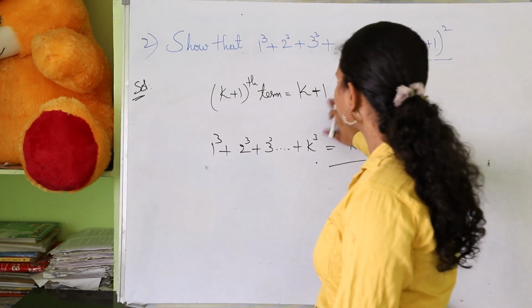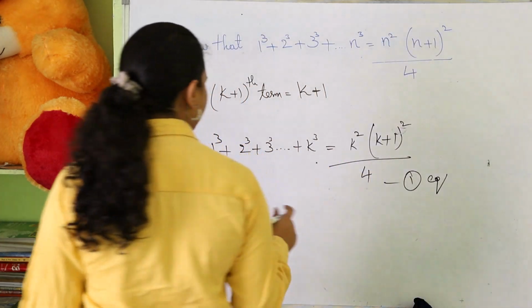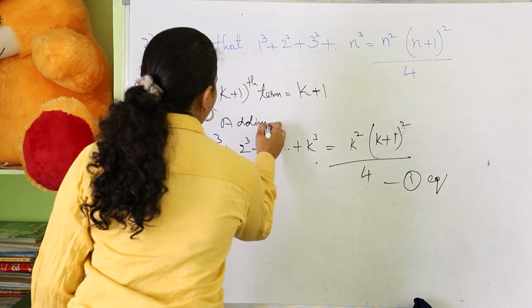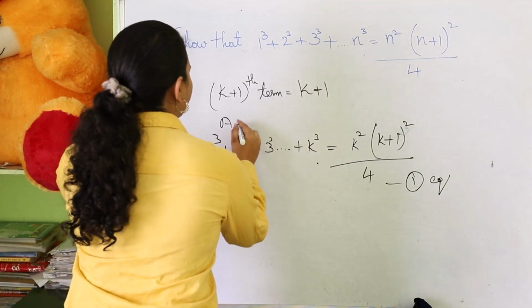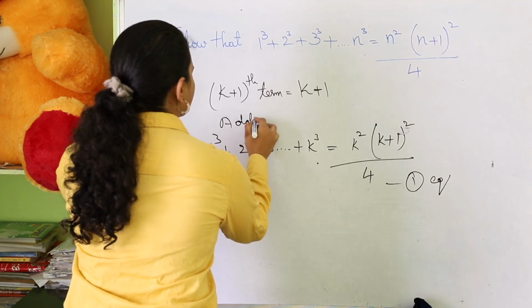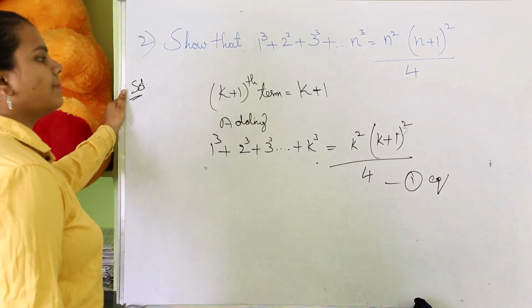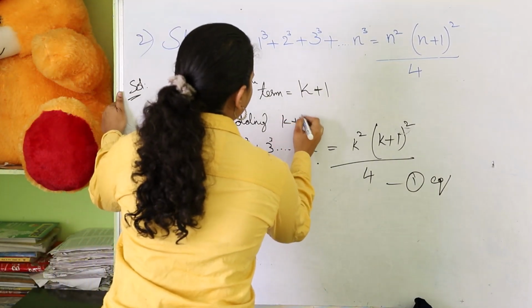So here in equation 1, I am going to add something. Here you have k plus 1, right? So the cube is k plus 1 whole cube.